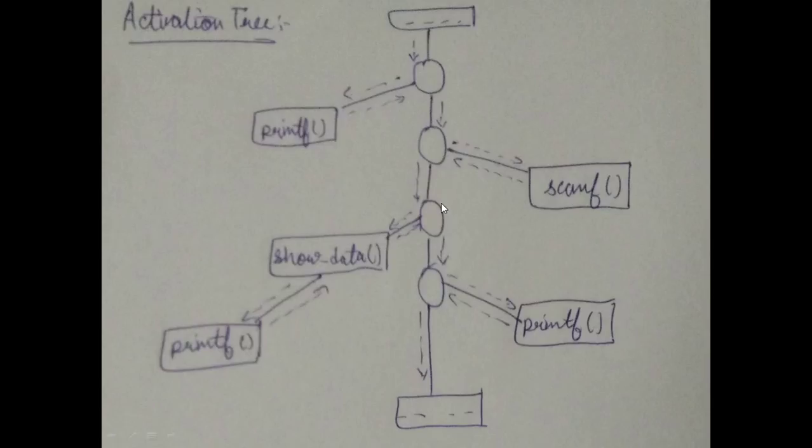Next, since there was a procedure call of show data, we execute the show data procedure. For that, we have a printf statement. We execute that, move back, and go to the tree. Then we execute the next printf statement, and then similarly finish the program towards the end and return the value to the program. This is how an activation tree is processed.